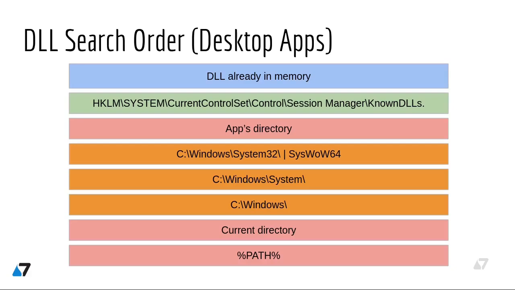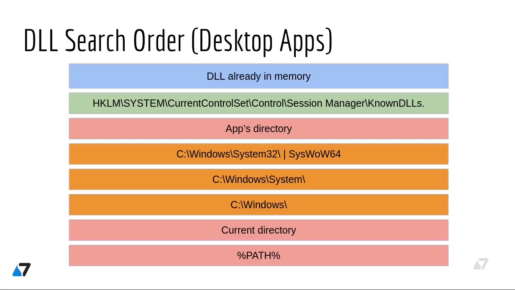First, look if the module is already in the address space of the process. Then check known DLLs by reviewing the list of values in a registry key. Then check the application folder.